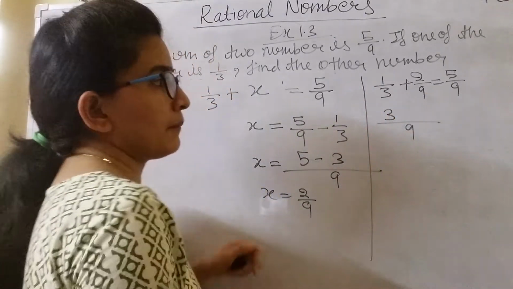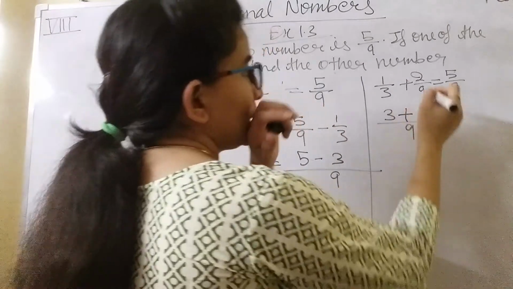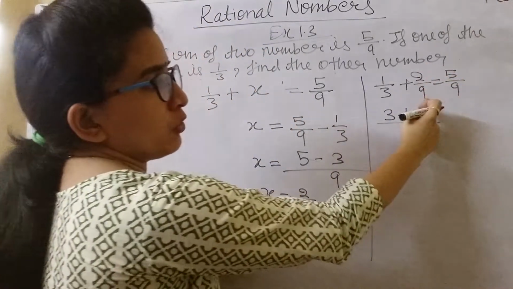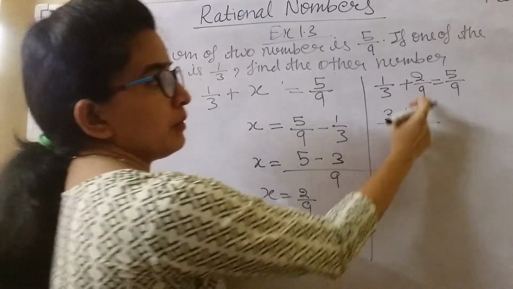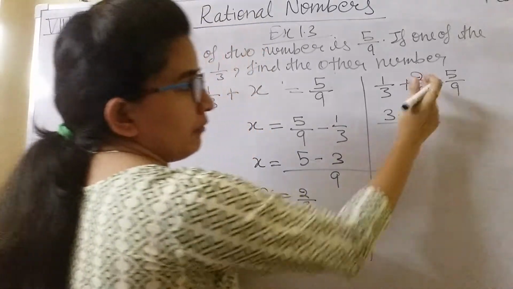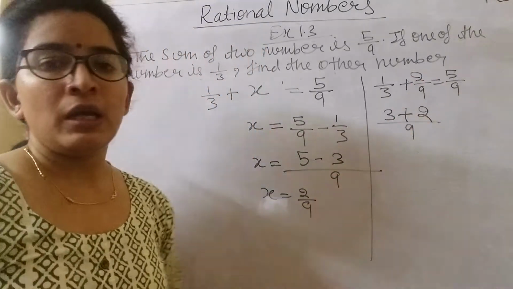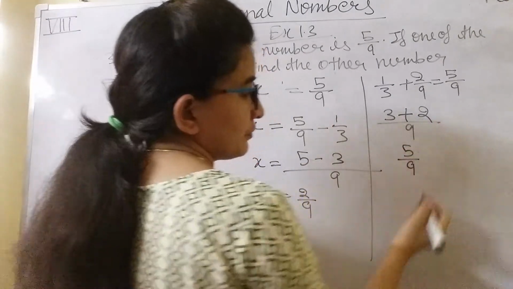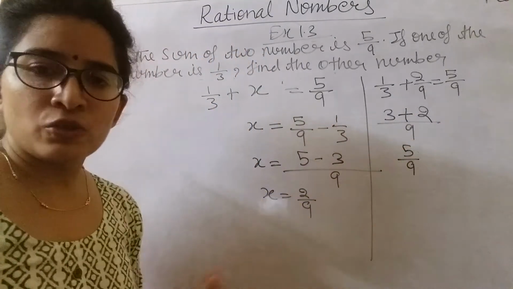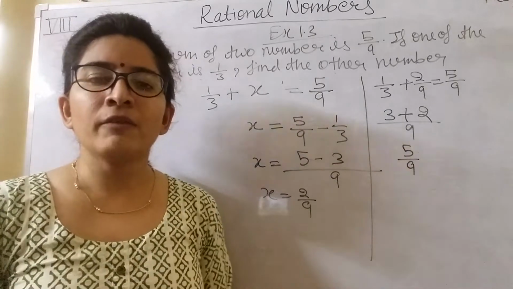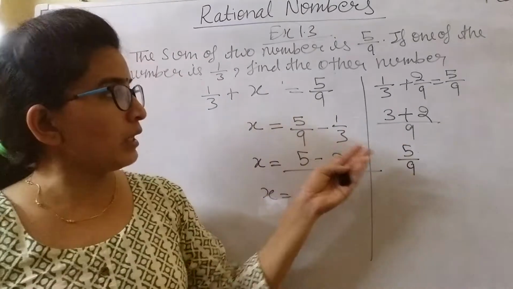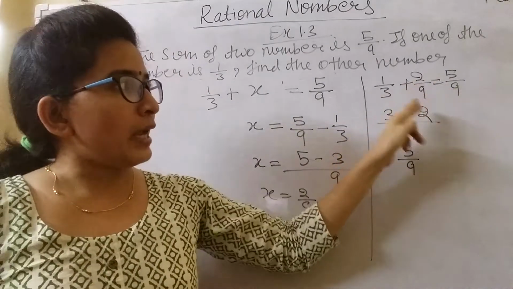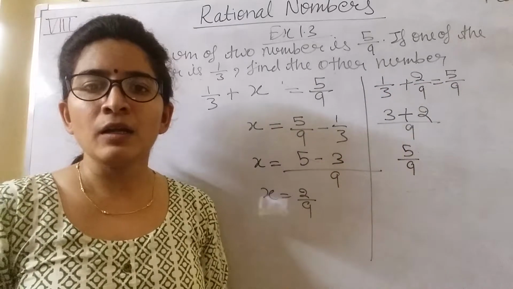We will have 3 plus, here, because these two denominators are the same, the number will remain the same, that is 2, and the answer is 5 upon 9 on the left hand side. So we can say that the value of x is correct. By putting the value 2 by 9, we will get 5 by 9 as the answer.